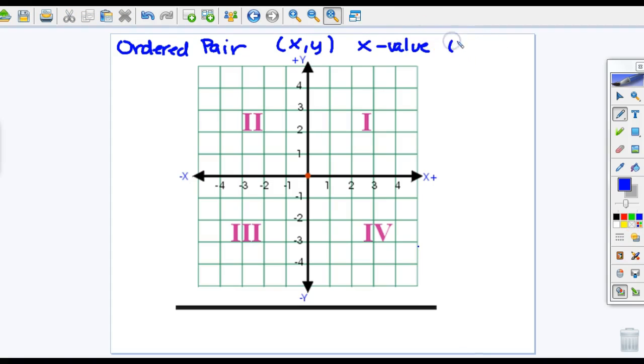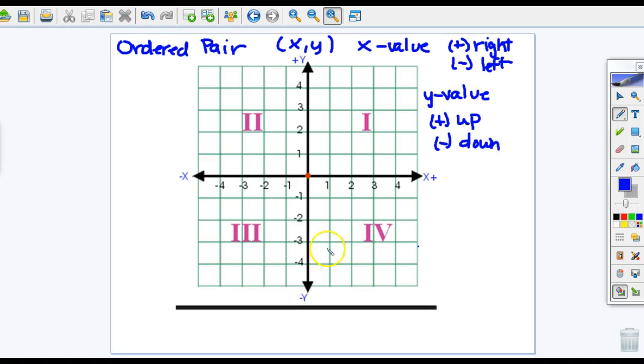It will either be positive, so I move to the right, or negative, I move to the left. Make sense? My y value will either be positive, I go up, or negative, I move down.